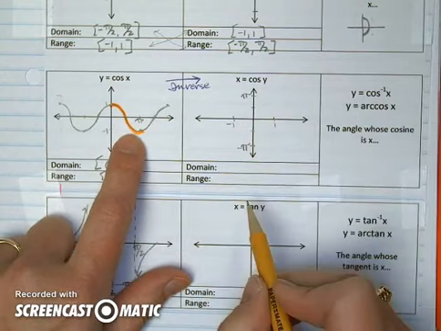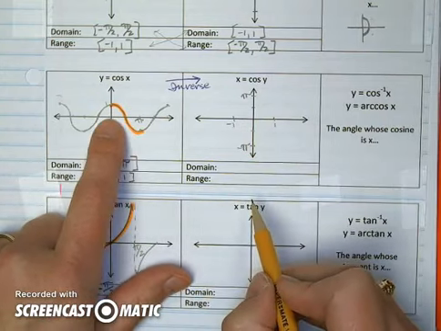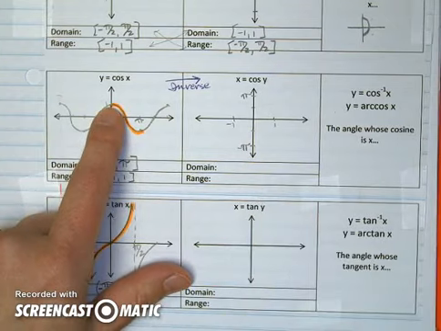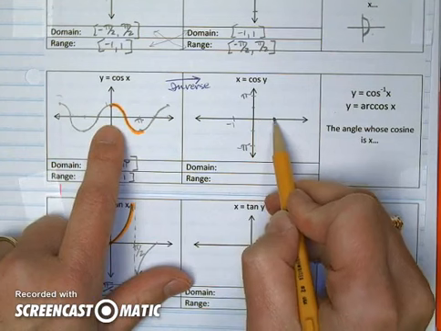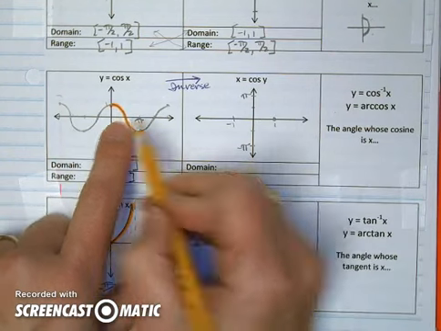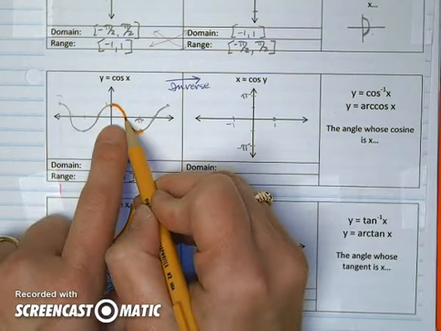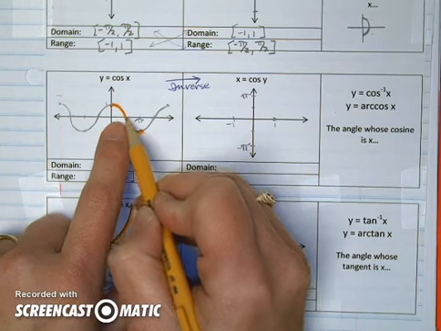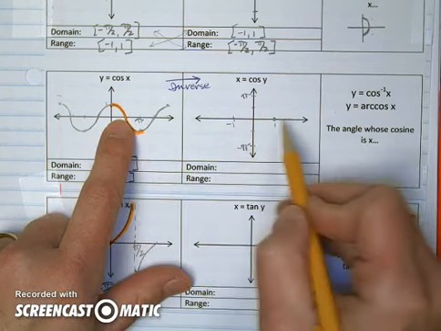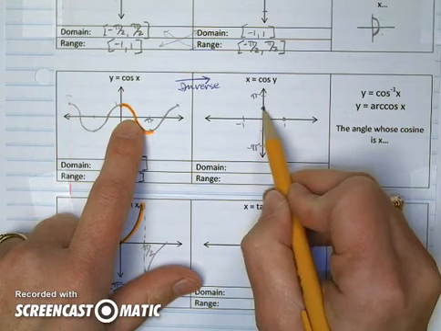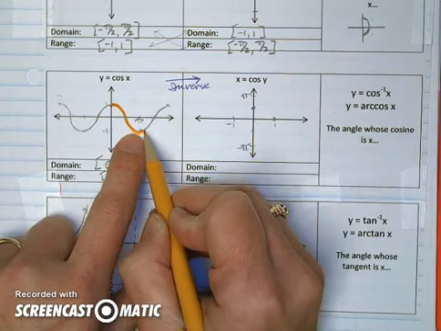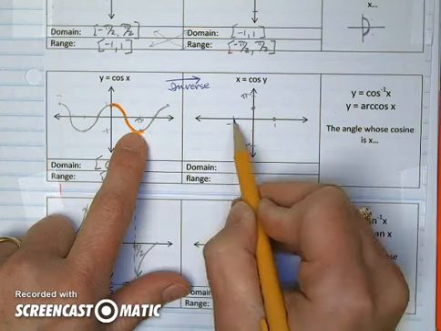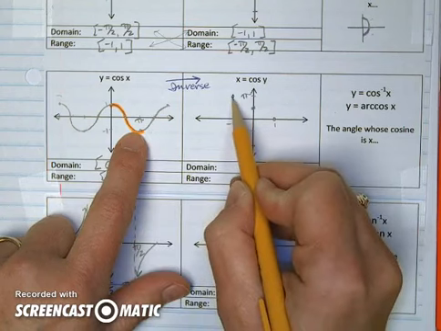And so now where I was at 0, 1, I'm going to be at 1, 0. Here where I was at pi over 2, 0, I'm going to be at 0, pi over 2. Here I was at pi, negative 1, so I will invert that, I'll be at negative 1, pi.